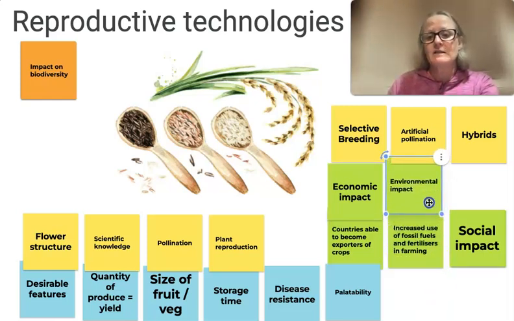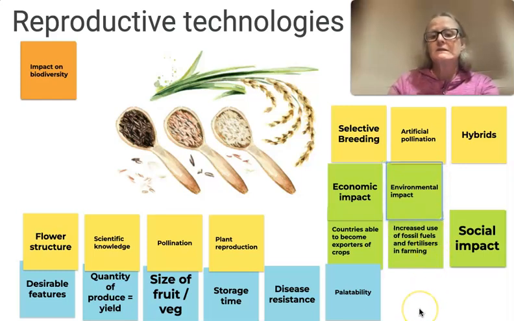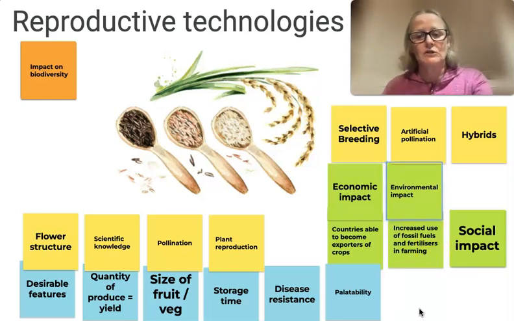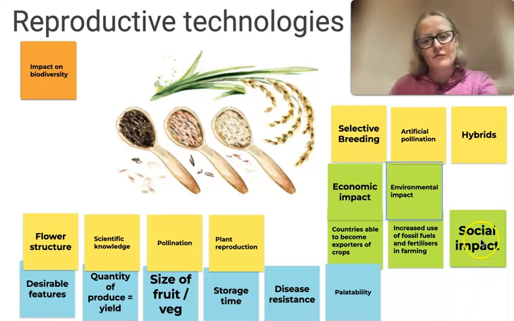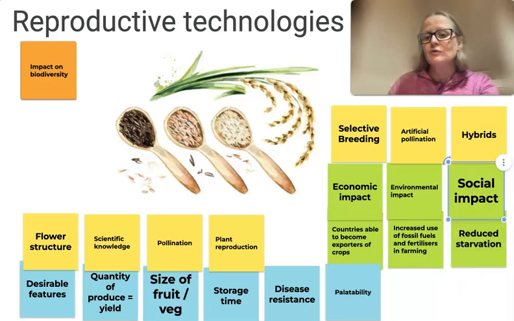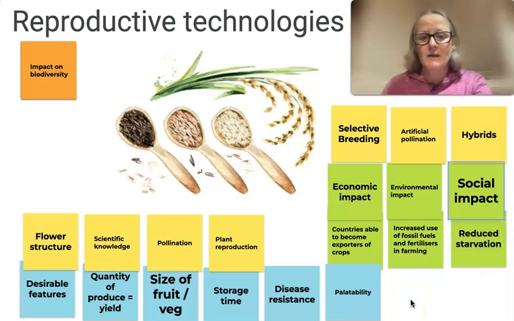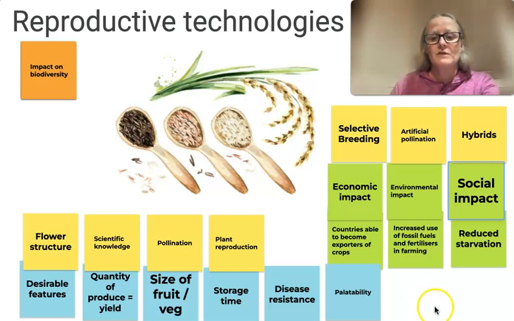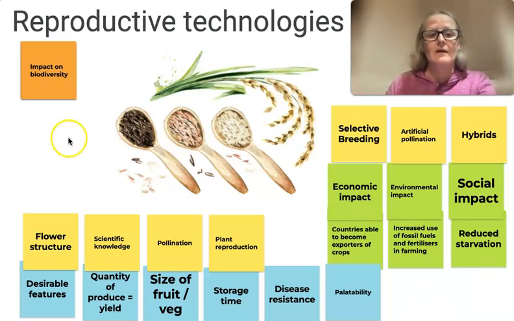As a result of this, though, there was an increase in the fossil fuels and the fertilizers used in farming, which had a negative environmental impact. However, you were able to feed very many more people in India itself, and as a knock-on of that, because of the financial improvement, there was an increased economic viability of the country. So all of those things, kind of pluses and minuses, you have to bring them all together.